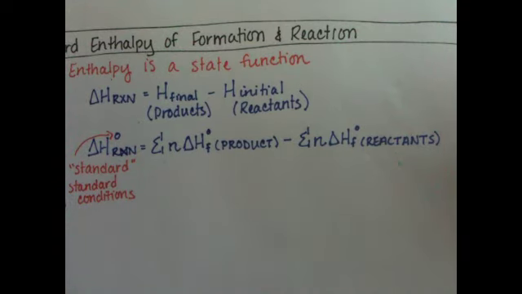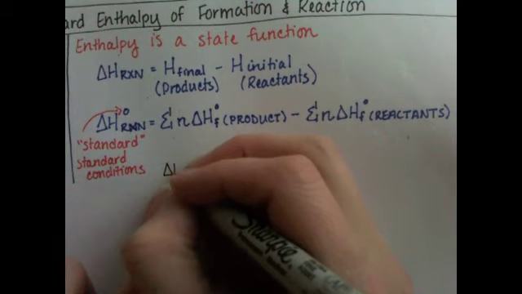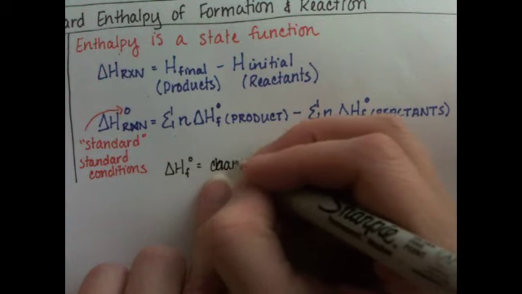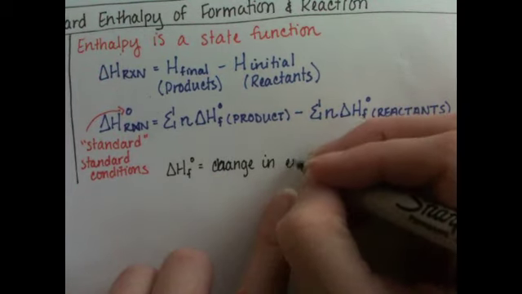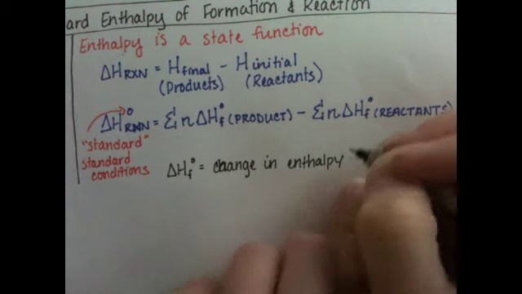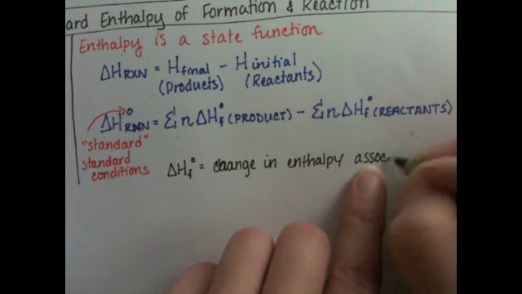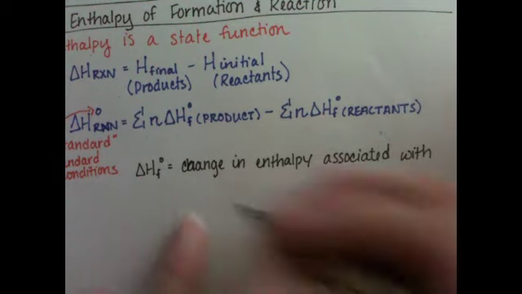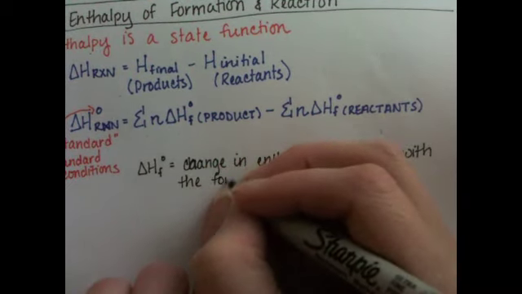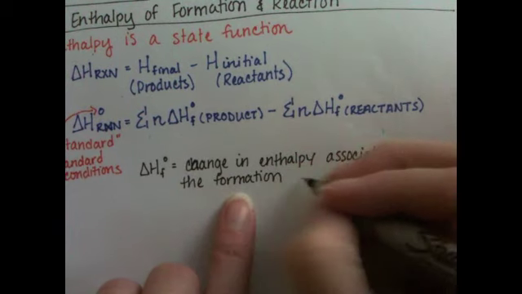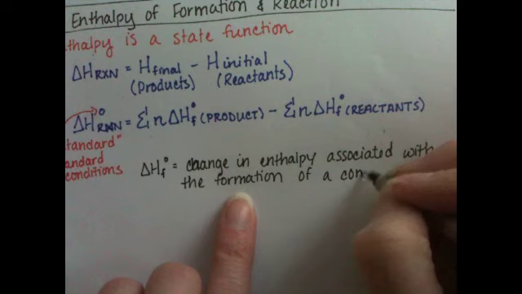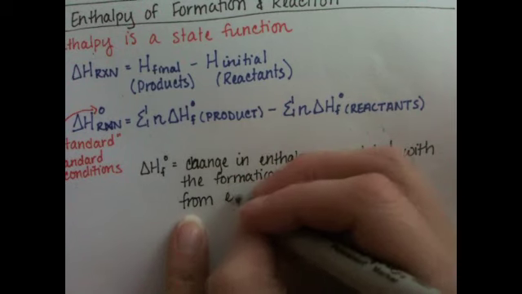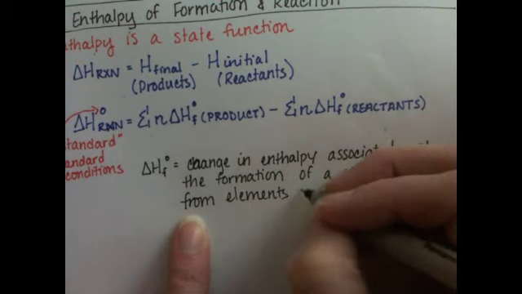The enthalpy of formation, I'll go ahead and write this definition out because it's a pretty long one, is the change in enthalpy associated with the formation of a compound from elements in their natural state.